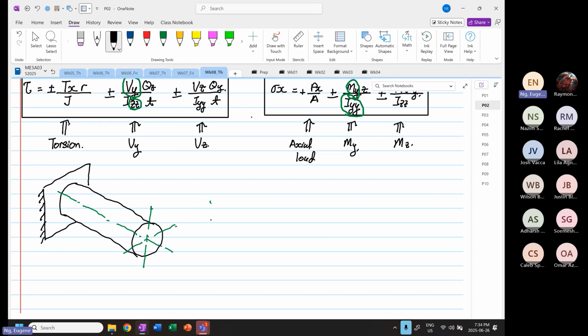And then if I were to sketch our transformation, okay, that's SYZ. So now, if our structure is under a torque about the x-axis, right?